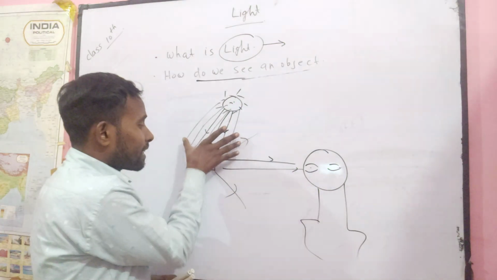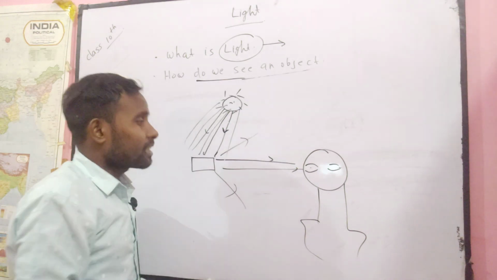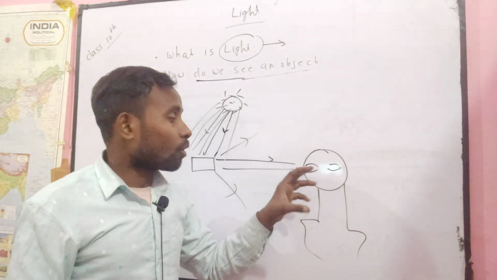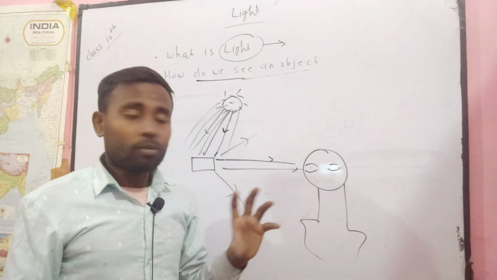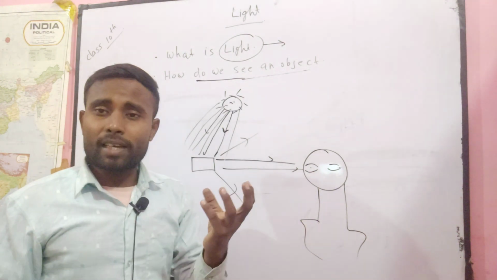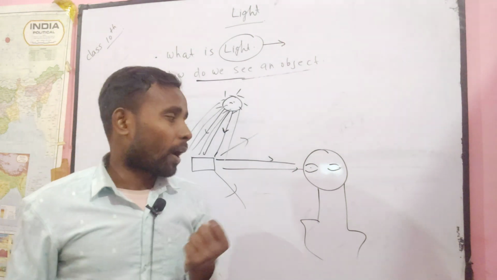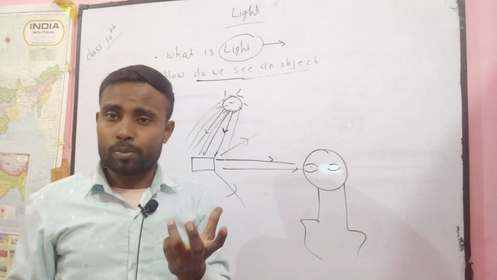A lot of light rays are incident on these objects, and only a few of them enter the eye. If you count, it will definitely be a lot, but still I want to take only a few light rays, because to form an image of a point object at least only a few light rays are required.